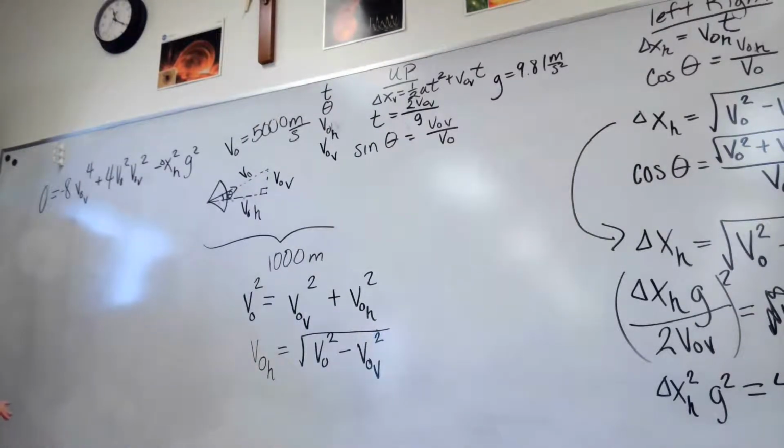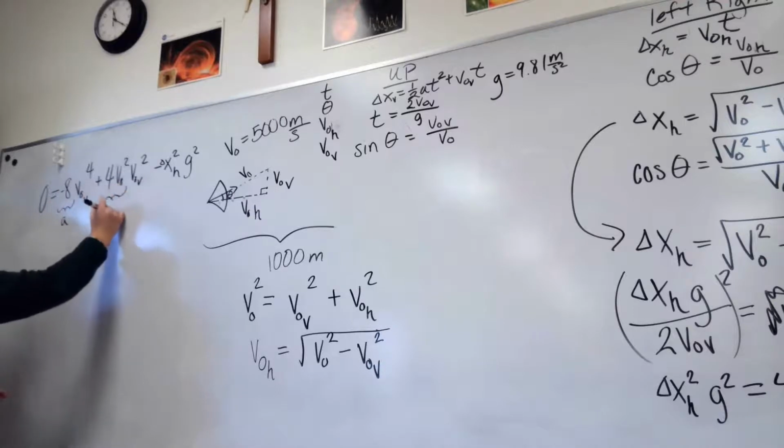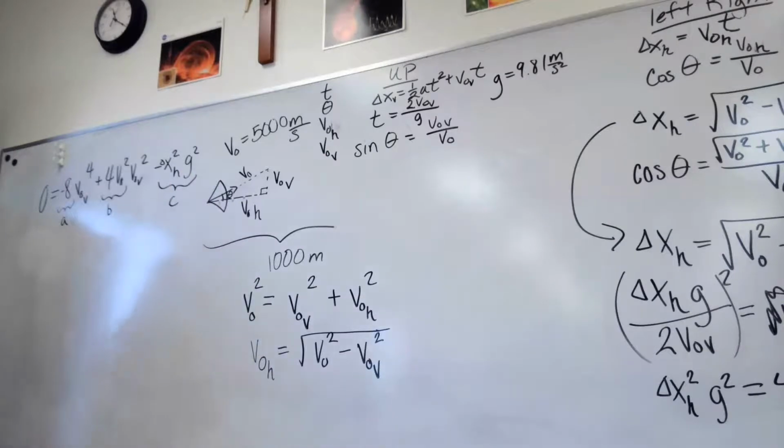So, for the sake of time, since we have a 30-minute class, I'm going to use the computer to solve this. I will tell you right now, probably one of the easiest ways to put this into a computer or a calculator, because you can solve it with a graphing calculator too, is to say this is A, this is B, and this is C, so that you don't have to type out all of the different things.